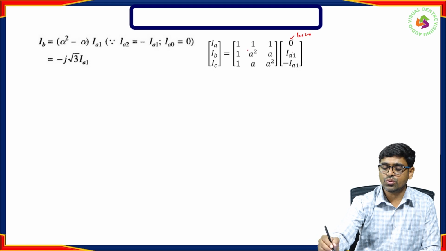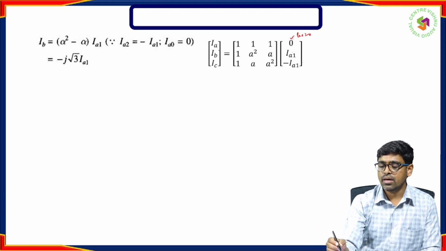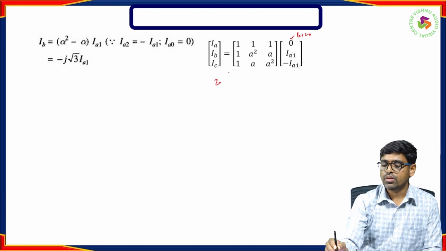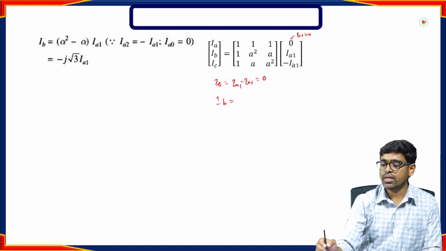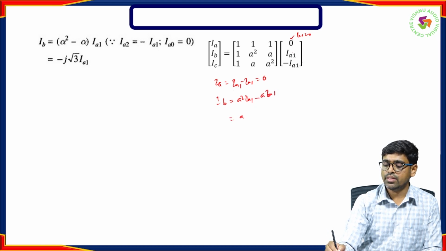If you multiply these, IA equals IA1 minus IA1, which means it is 0. IB equals A square IA1 minus A IA1, so it is A square minus A into IA1.